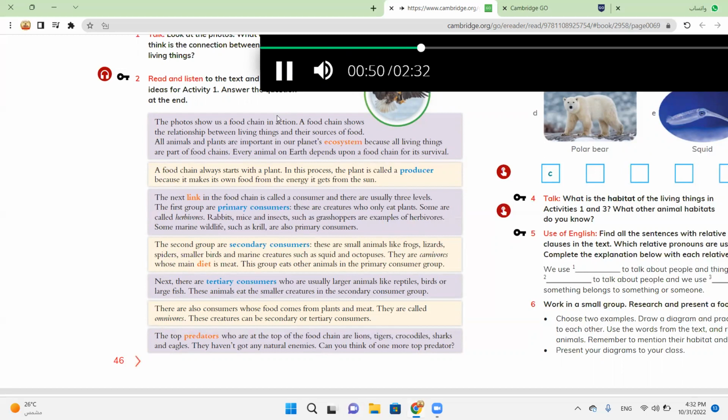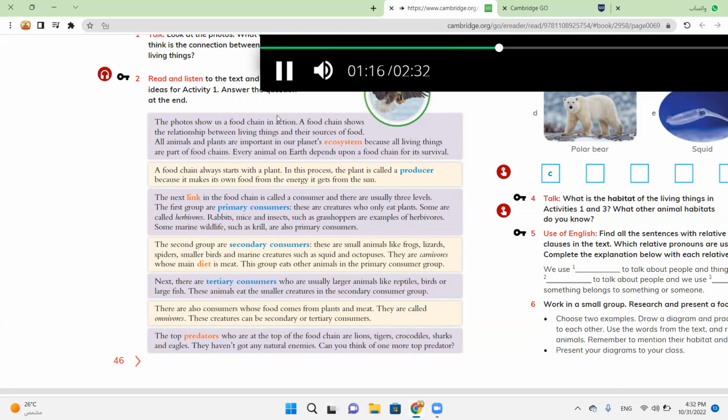The first group are primary consumers. These are creatures who only eat plants. They are called herbivores. Rabbits, mice, and insects, such as grasshoppers, are examples of herbivores. Some marine wildlife, such as krill, are also primary consumers.